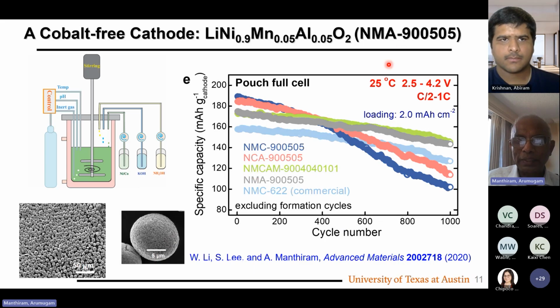The performance here, the gray curve, is NMA. It is as good as some of the cobalt containing material. Our conclusion here is cobalt is no longer necessary. Cobalt is gotten rid of because you get as good a cycle life as nickel cobalt containing materials. And this is what my startup in Houston is working on, to scale up NMA with various nickel contents without any cobalt.